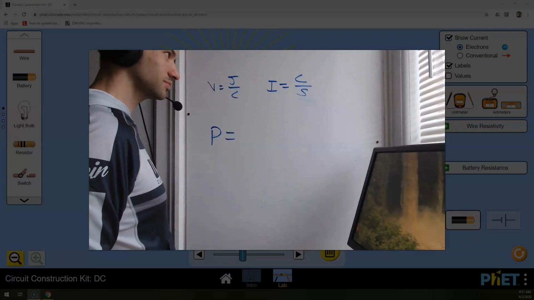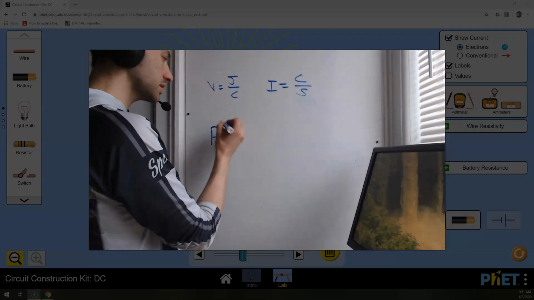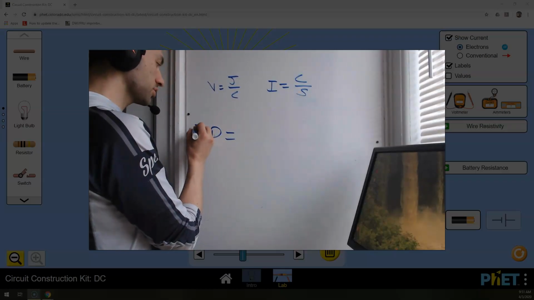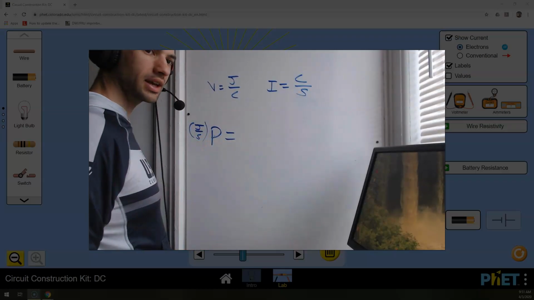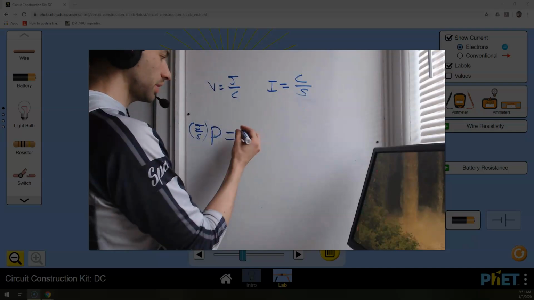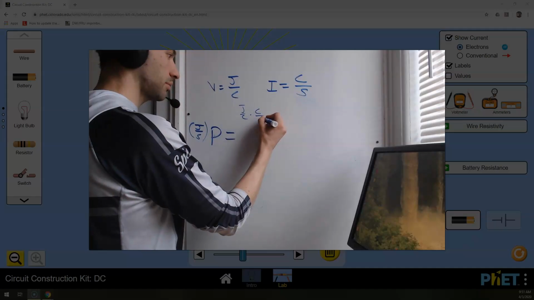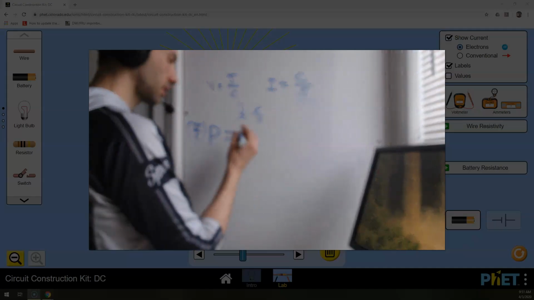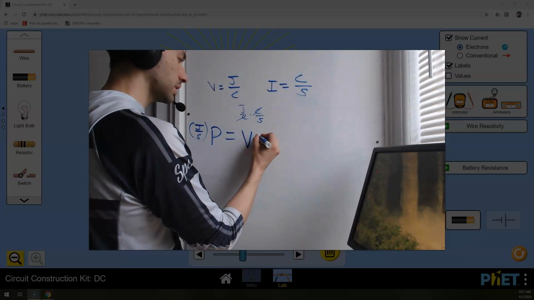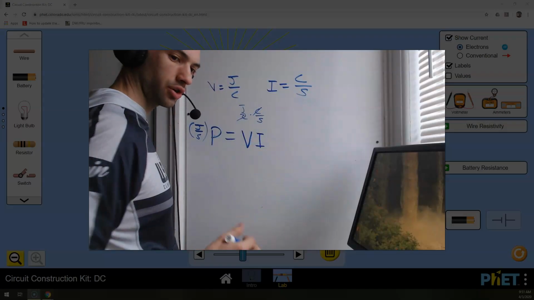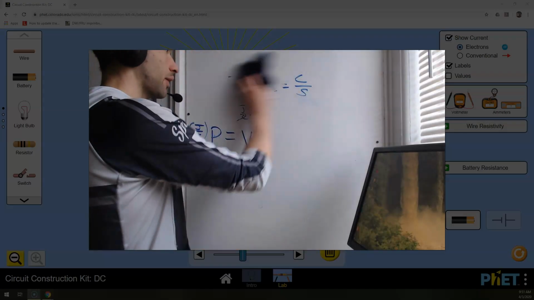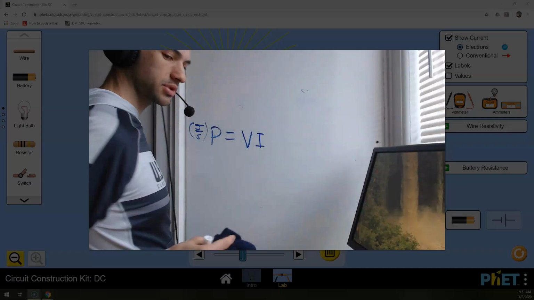Maybe if the units of power are joules per second, how can I get there? Easy, I multiply these two. If I multiply a joule per coulomb times a coulomb per second, the coulombs are going to cancel out. So it turns out that power will be voltage times current. So I can find power for anything by doing voltage times current.